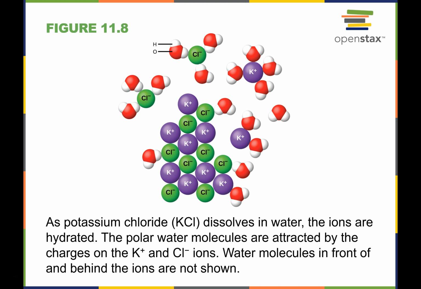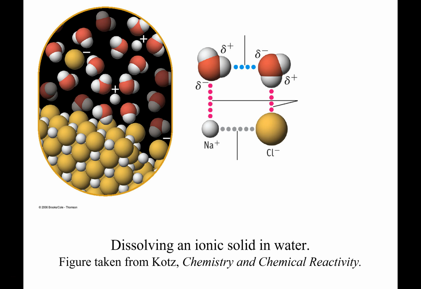It's no mistake that this positively charged cation is being associated with the oxygens, which are partially negatively charged. If we pick on the chlorines up here, that chlorine's getting ganged up on. Why? By these partially positive hydrogens of the water molecules. And an aqueous solution of potassium chloride is formed. Makes sense.